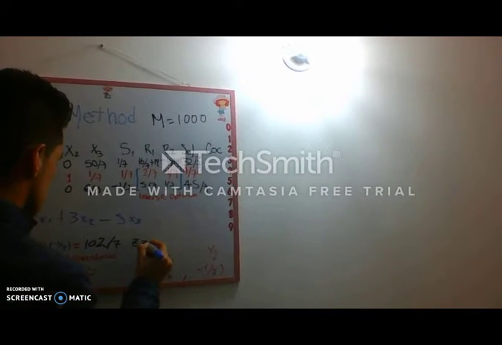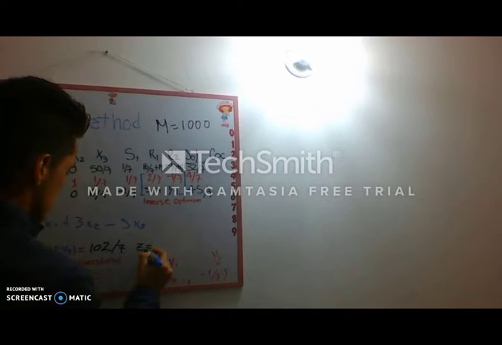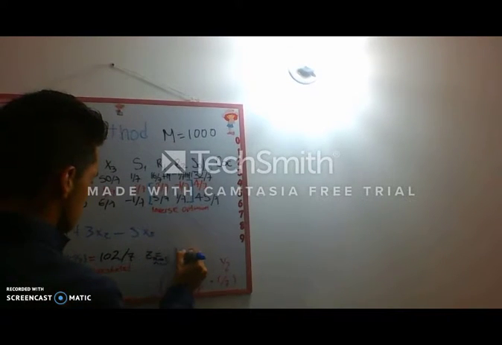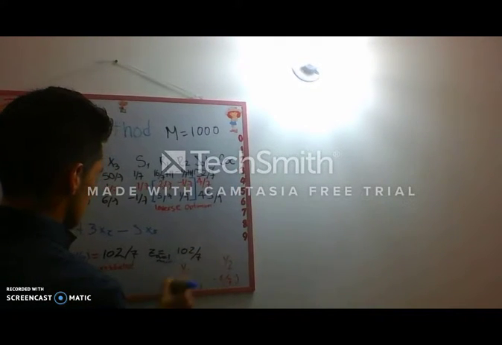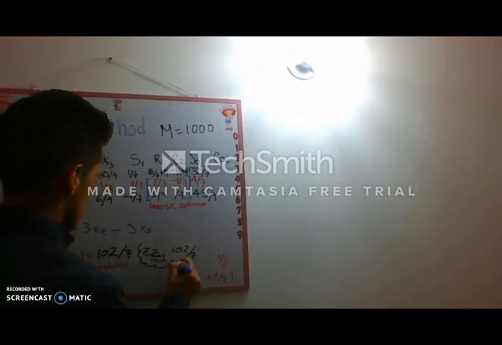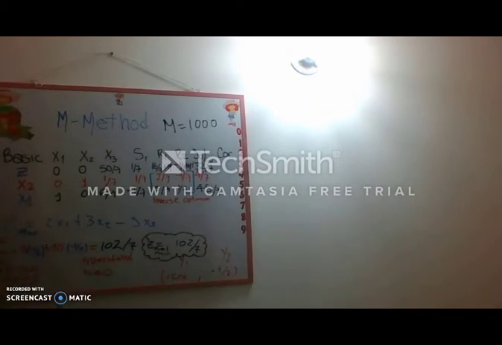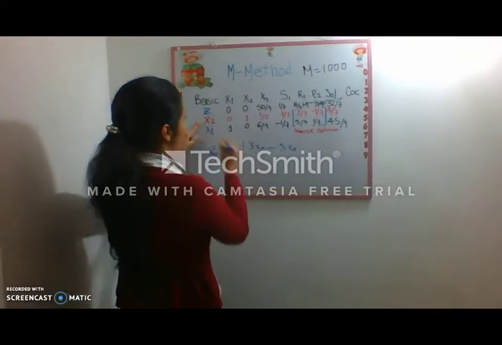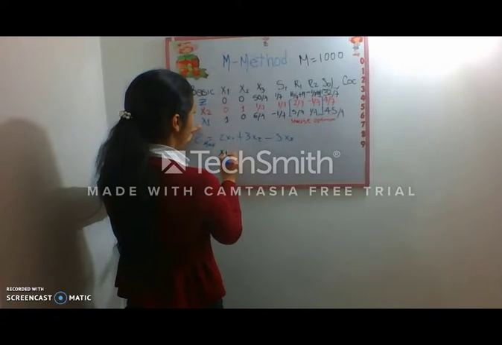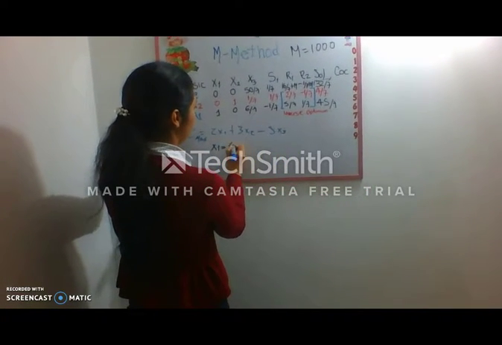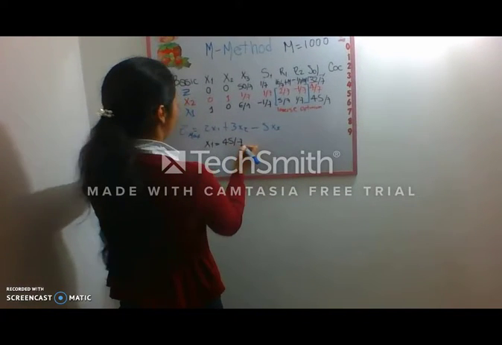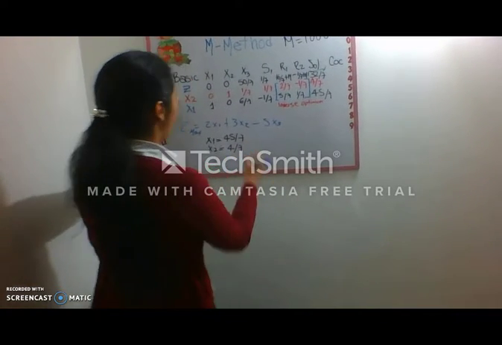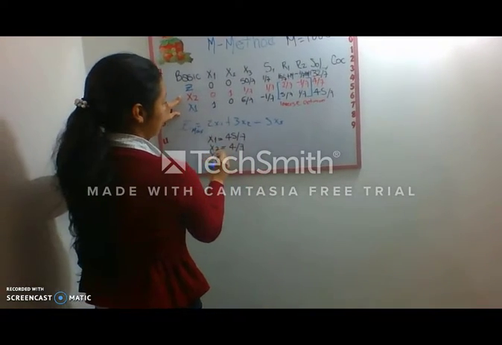C equal C dual or min. Obtengo x1 igual a 45 séptimos, x2 a 4 séptimos, and x3 es igual a 0.